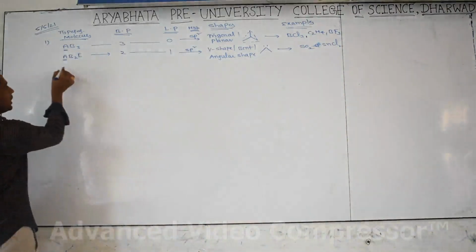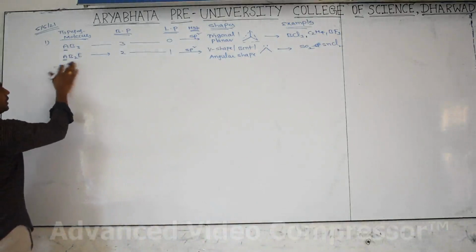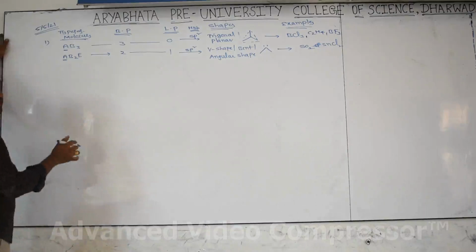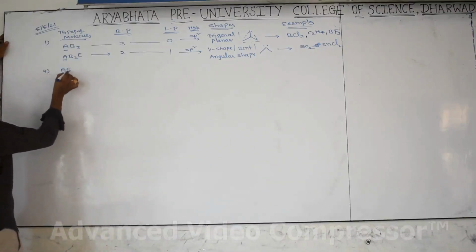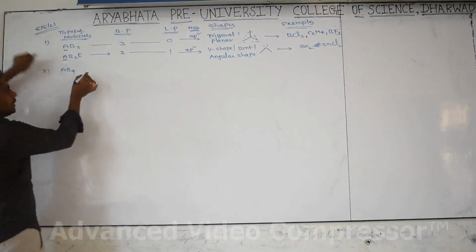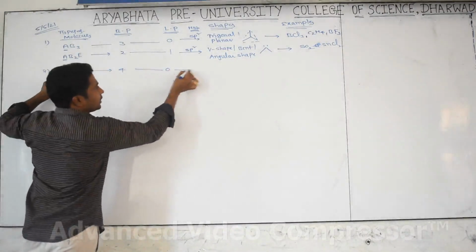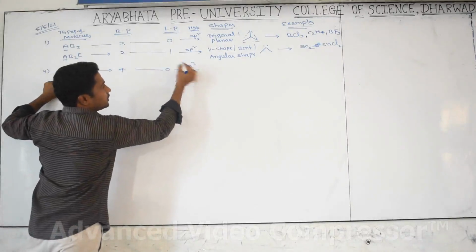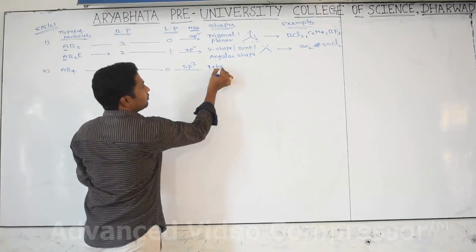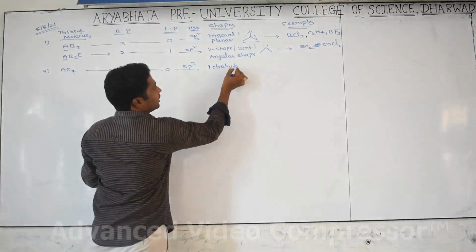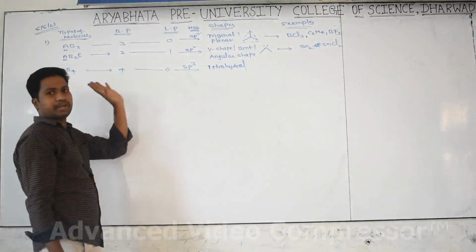Under this, I will tell you one more category. Second category, I am taking an AB4 molecule. AB4 means what? 4 bond pairs and 0 lone pairs. Together we want sp3 hybridization. Under sp3 hybridization, which geometry are we getting? Tetrahedral geometry, successfully explained by hybridization because there are no lone pairs.